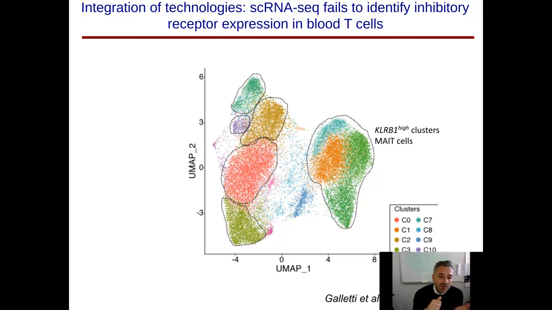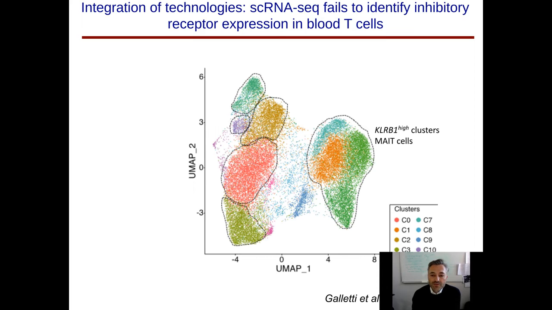Nevertheless, there are now technologies that can measure thousands and thousands of genes from a single cell, such as single-cell RNA sequencing. Many people use it now. So at the time, we thought, okay, let's have a look at the peripheral blood CD8 positive T cell compartment, to see if by using this technology we discover something new, which is not always the same subset.